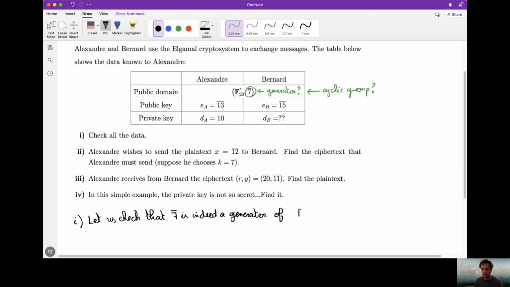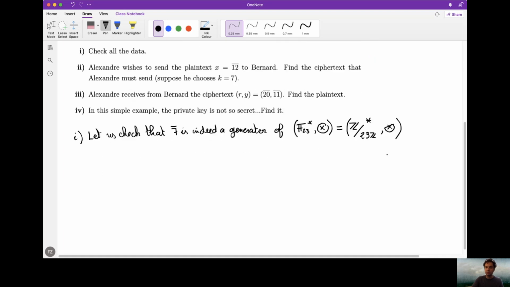The group we are given is F23 star, and when it's not specified, it means we're using multiplication. I remind you that this notation is the same as saying that we are working modulo 23, so Z over 23Z, and that we're using multiplication, okay? The star is to say that we are not taking 0, otherwise it would not form a group.